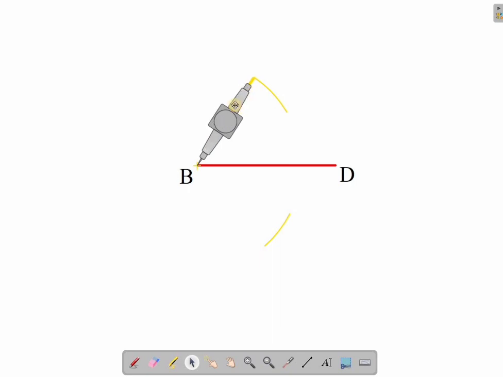Don't change the radius, keep it at B and cross these two arcs. Wherever they get intersected, those 2 points need to be joined. So I'm going to join this with the intersected point. So this point will be your midpoint.